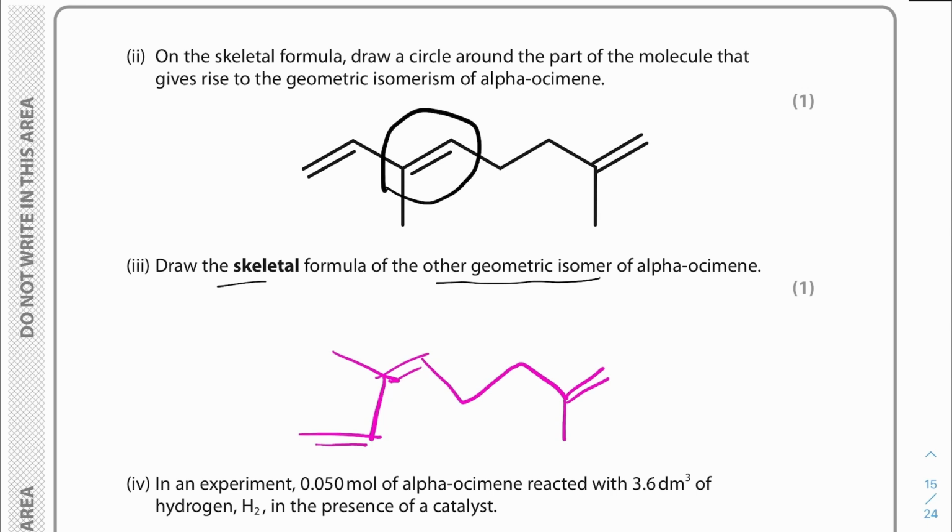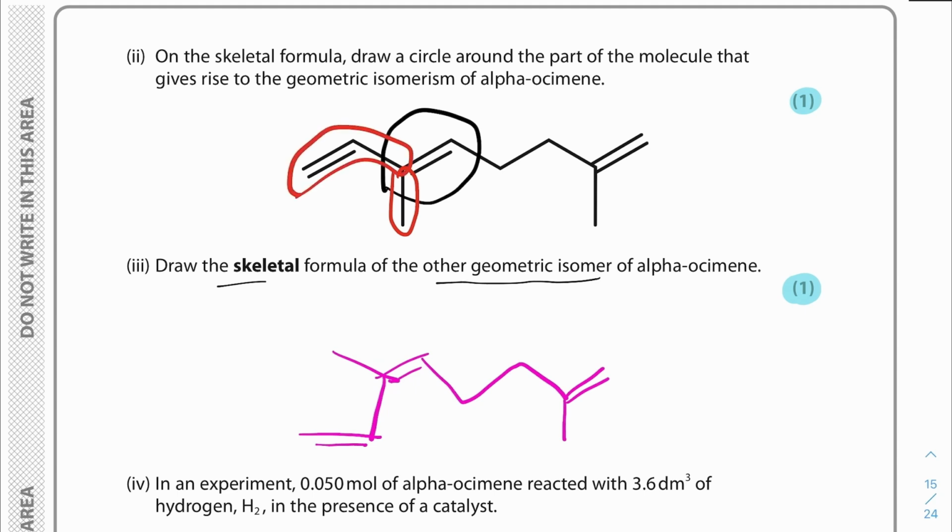So we've just switched the 2 ends around to get that. Okay? Alright, so that's our 2 marks here, one for circling, and one for switching. So what we have done here is basically we have swapped this end and this branch.